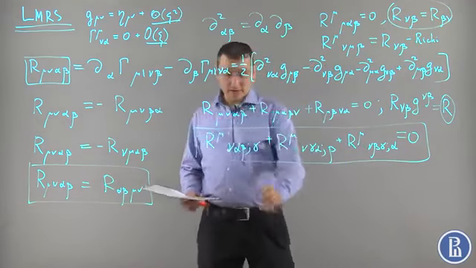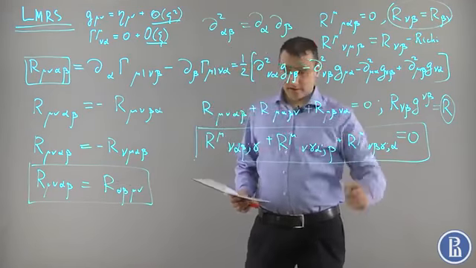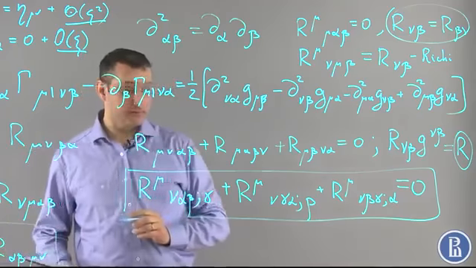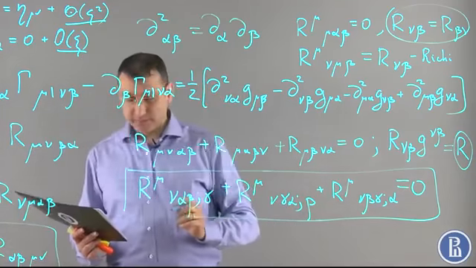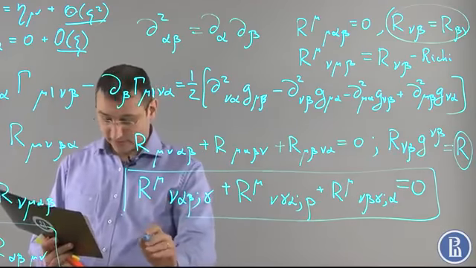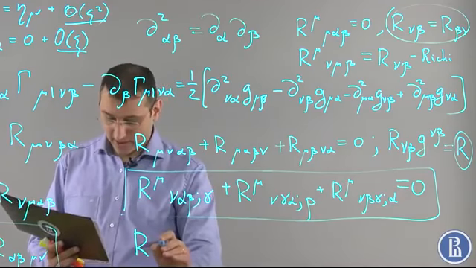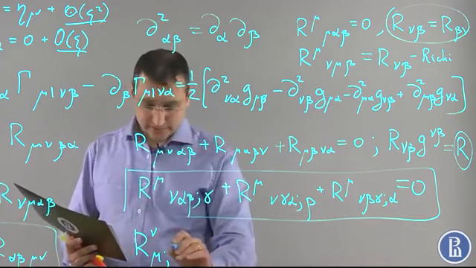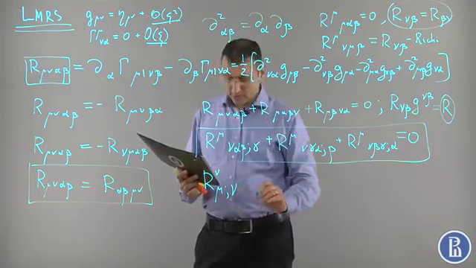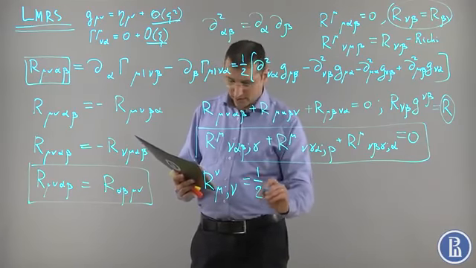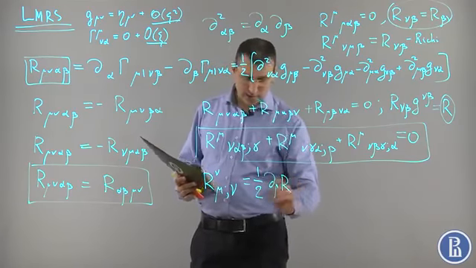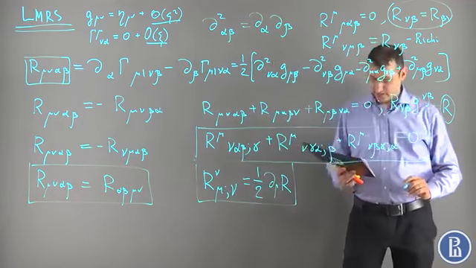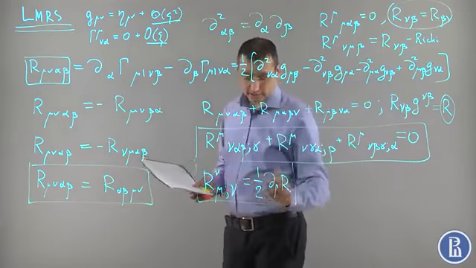Now, if one will contract indices in this expression, I mean index mu and alpha, one will obtain the following consequence of the Bianchi identity, that the covariant derivative of R mu nu with respect to nu is equal to 1/2 d mu R. This is a consequence of Bianchi identity that we have for the Ricci tensor and Ricci scalar.